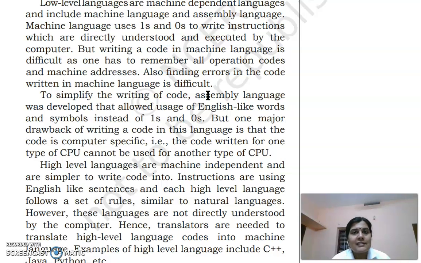There is also one more classification, which is assembly language. Machine language uses ones and zeros to write instructions which are directly understood and executed by the computer, and it is fast compared to high level language and assembly language. It is fast because the computer can understand machine language easily, but developing programs using machine language is difficult.